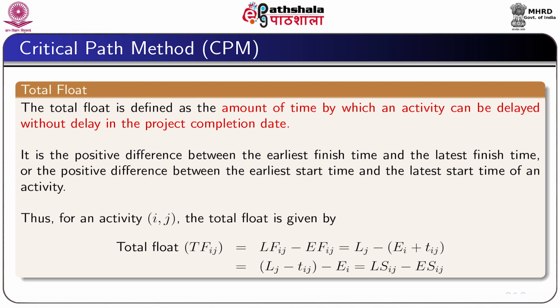Therefore, we can write the total float for the activity ij, TFij, which is equal to LFij minus EFij, and since EFij equal to Ei plus tij, we can write TFij, that is the total float, is equal to Lj minus tij minus Ei, which is actually equal to LSij minus ESij. Latest start time of the activity ij minus earliest start time of the activity ij.